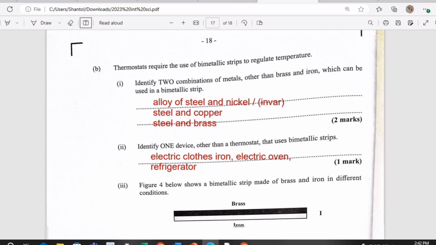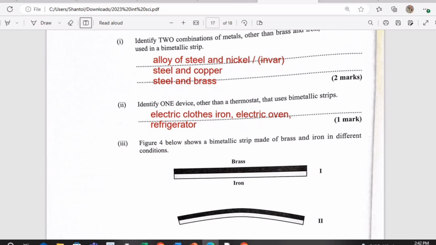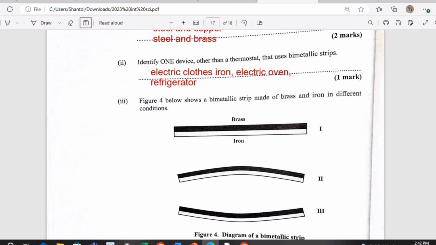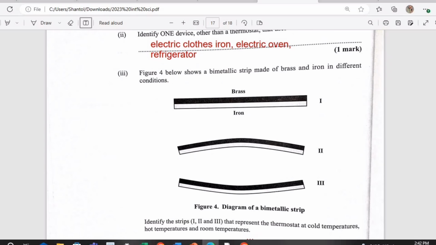This part of the question, part 3: figure 4 below shows a bimetallic strip made of brass and iron in different conditions. You have figure 1, 2, and 3, and it's the diagram of the bimetallic strip. It says identify the strips 1, 2, and 3 that represent the thermostat at cold temperatures, hot temperatures, and room temperatures.